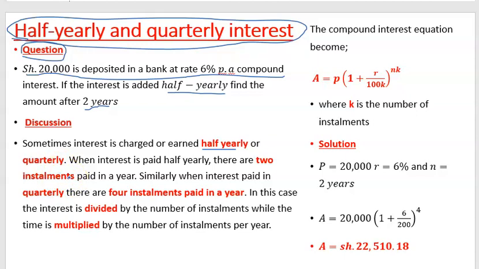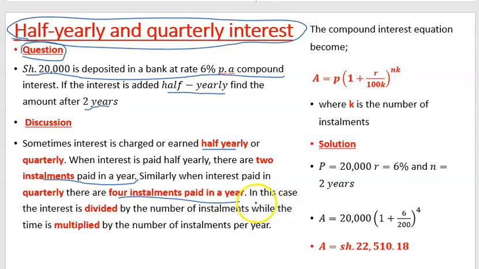Similarly, if the interest is paid quarterly, it means there are 4 installments paid in a year. That means there are 4 quarters in 1 year, and therefore the interest is going to accrue 4 times in that year, provided the interest is computed quarterly.